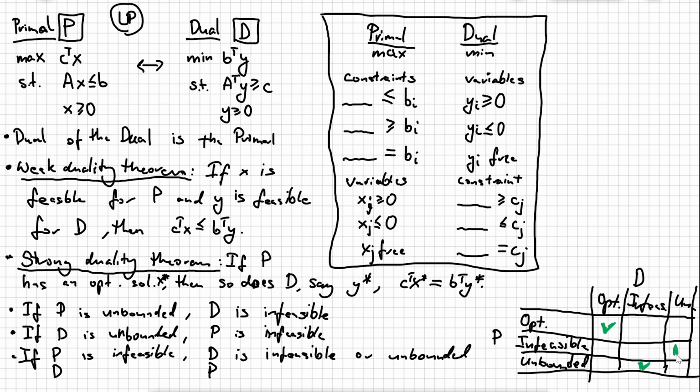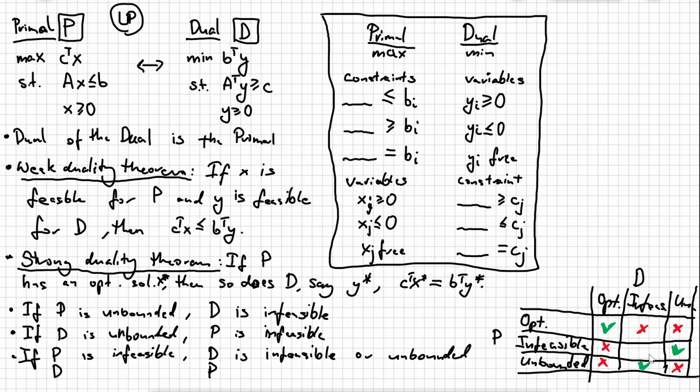This is also possible. However, what we have excluded already is when one is optimal, this is not possible, and this is not possible. And when the other is optimal, this is not possible, and this is not possible. And when it is unbounded, the other one must be infeasible, so this is also not possible.